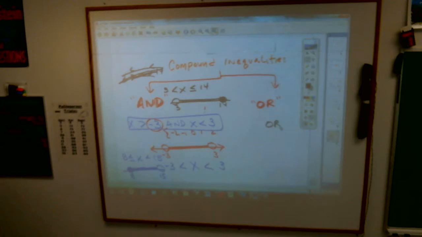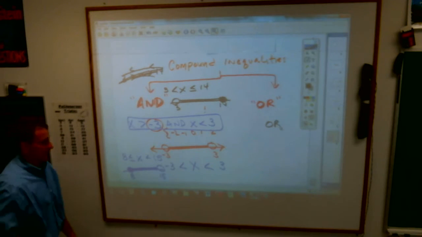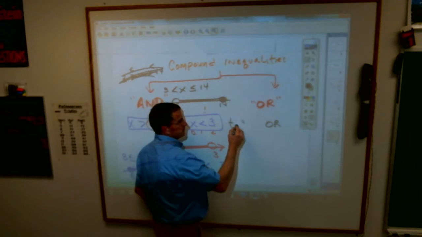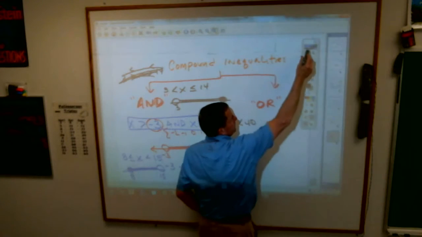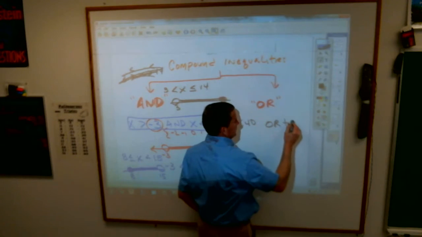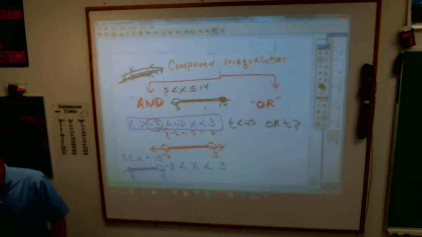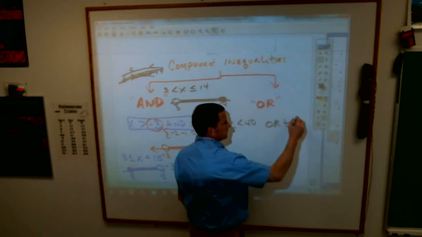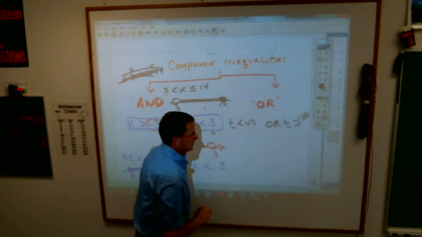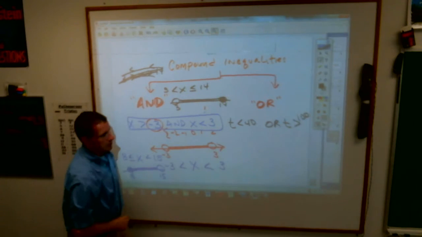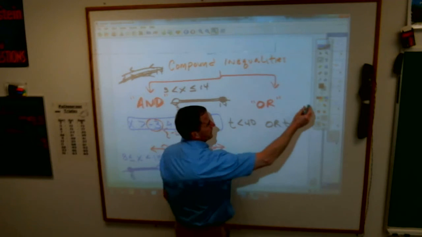It'll say something like this: t is less than 40, or t is greater than 100.